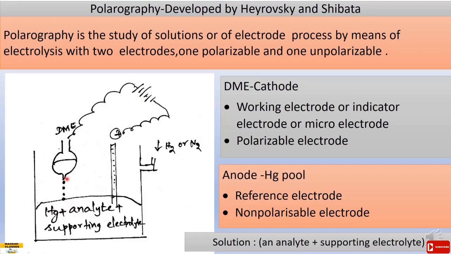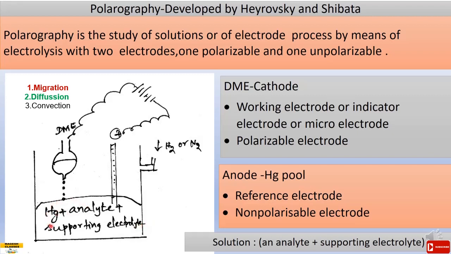Here three phenomena take place. One is the migration of ions towards the cathode. When voltage is applied, a potential difference arises, and the positive ions move towards the cathode. There are positive ions from the analyte and positive ions from the supporting electrolyte. The supporting electrolyte is an alkali metal halide, that is sodium chloride, KCl, rubidium chloride.